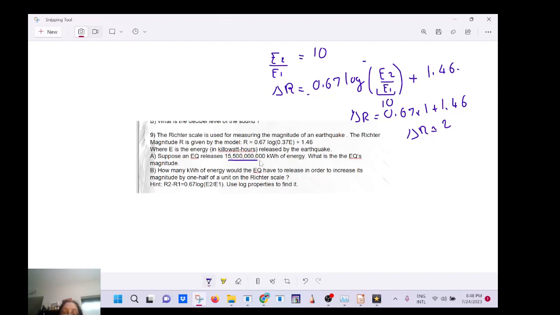Here, for example, they want you to find the earthquake magnitude if it's releasing that much energy. That much energy is 1, 2, 3, 4, 5, 6, 7, 8, 9, 10. So R equals 0.67, and then you have a log here of 1.55 times 10 to the 10, and then you add 1.46.